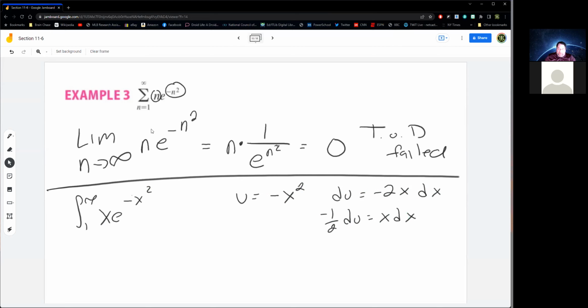So I can pull out the negative 1/2. So 1 to infinity. And this becomes just e to the u. So I'm left with negative 1/2 e to the negative x squared, evaluated from 1 to infinity.